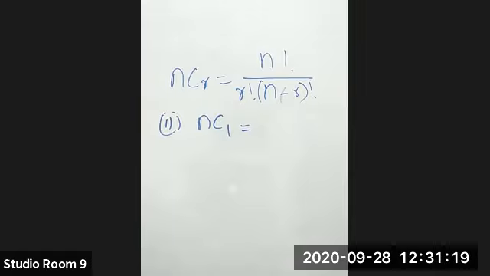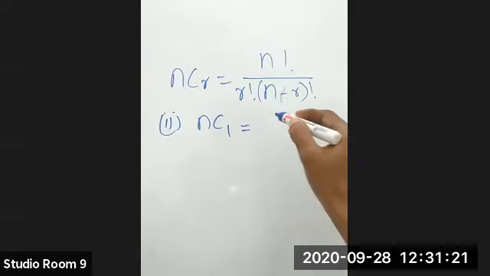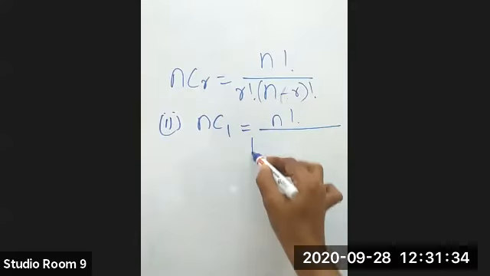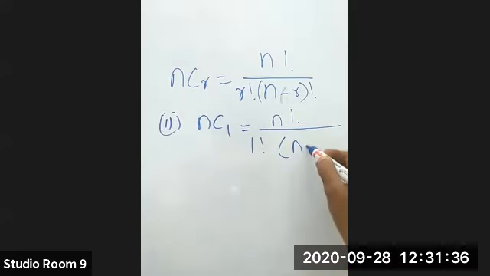Shubham, apply this formula and tell me. What is NC1? N factorial by 1 factorial into n minus 1 factorial. And how will you get 1?